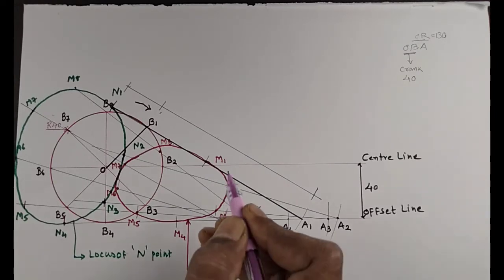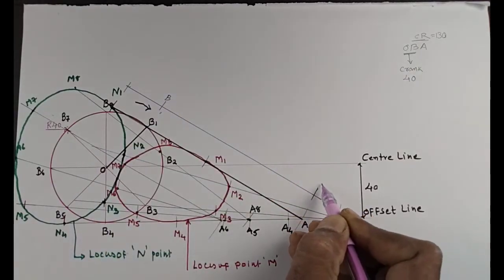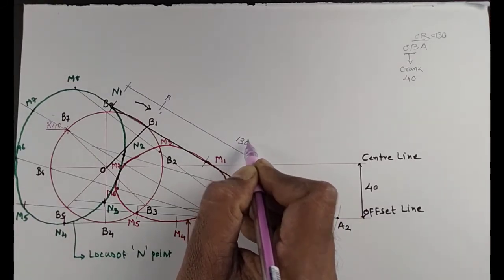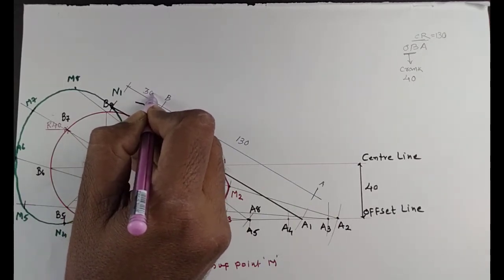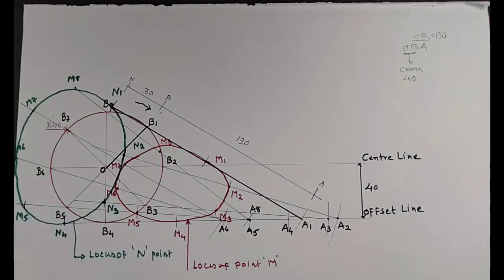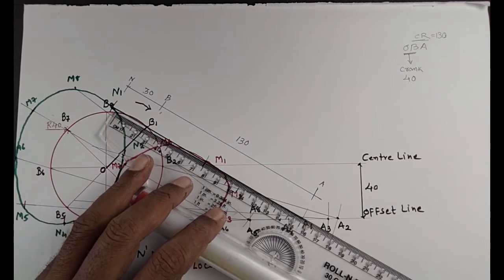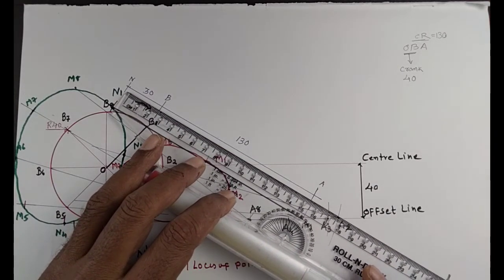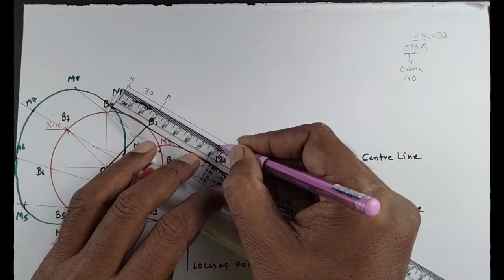Here I am writing the dimension of BA, it is 130 mm, and our extension of point N is 30 mm. Similarly, we have one more dimension for the point M, at 50 mm.